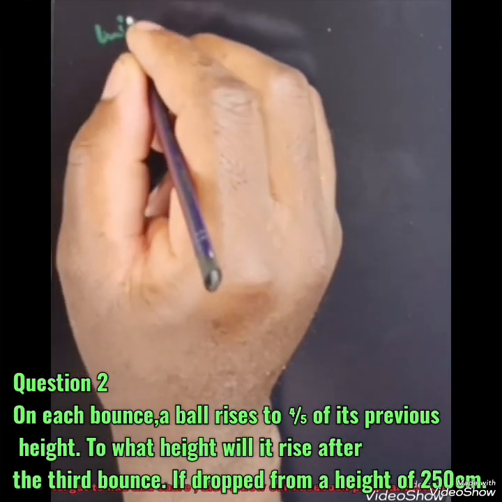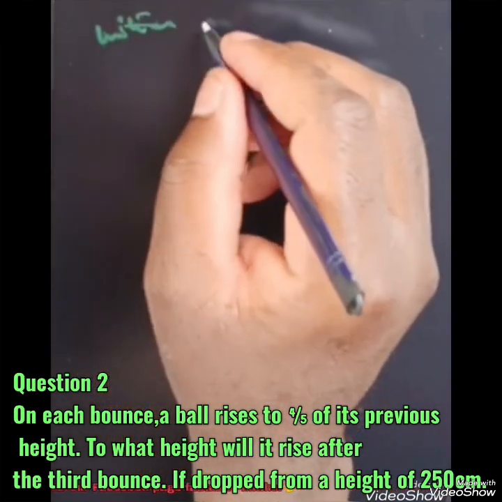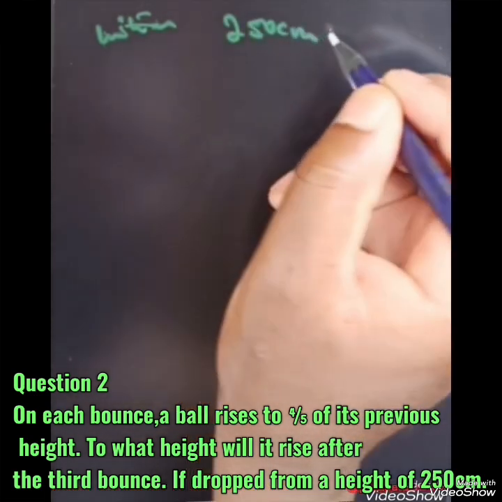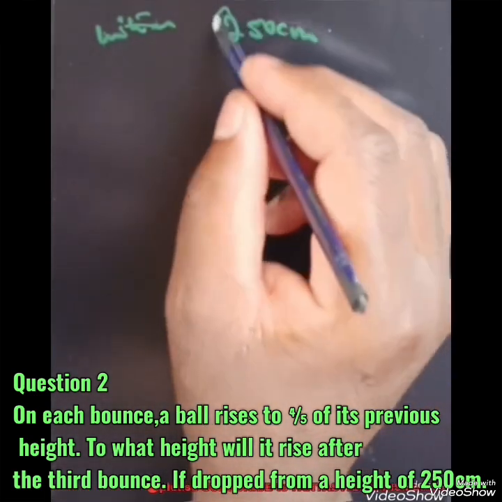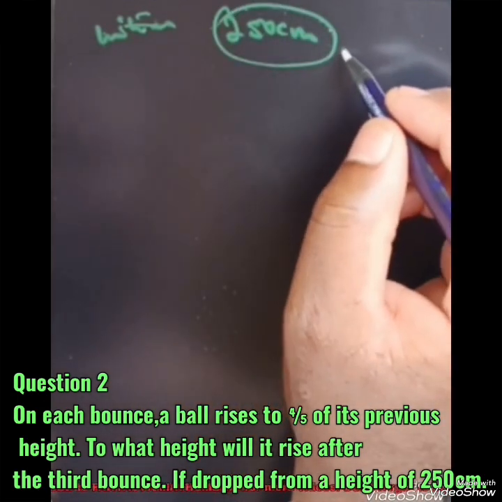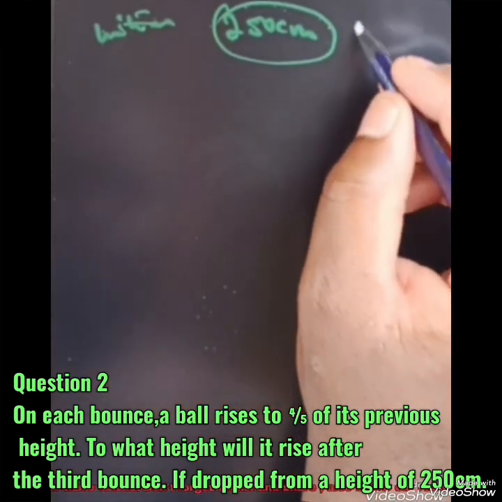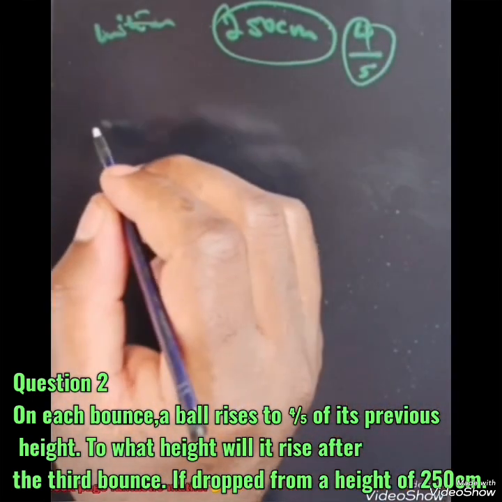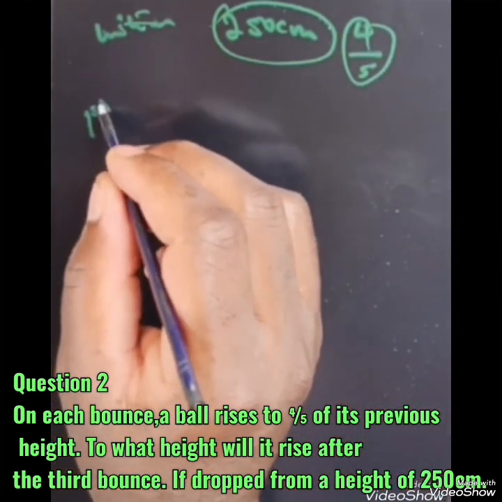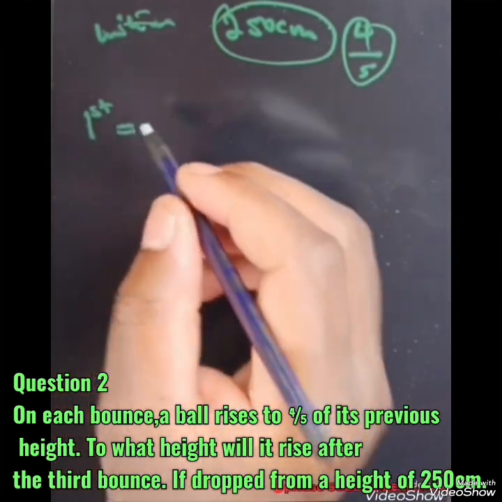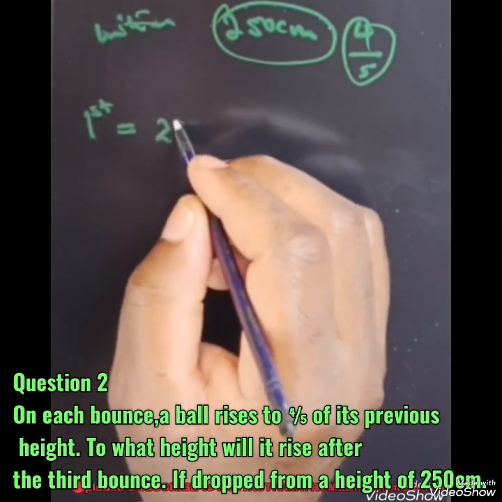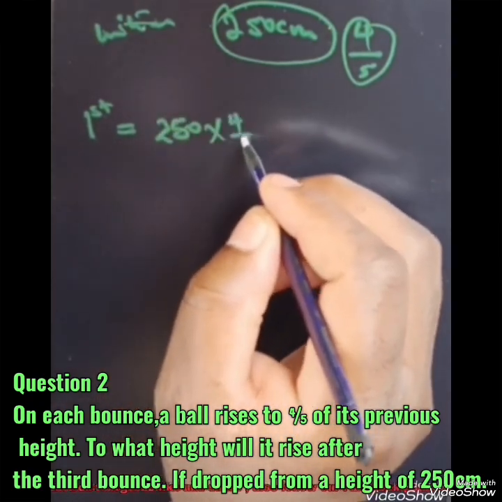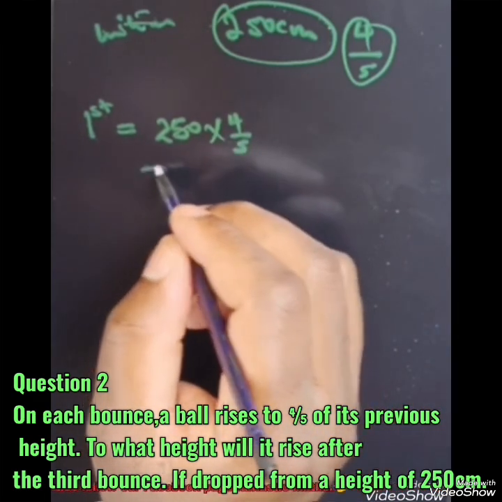Question number 2 is: on each bounce, a ball rises to 4 over 5 of its previous height. To what height will it rise after the third bounce if dropped from a height of 250? For the first bounce, we multiply 250 by 4 over 5 to find the first bounce.